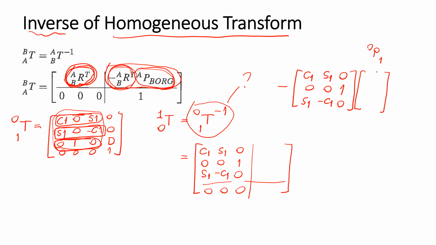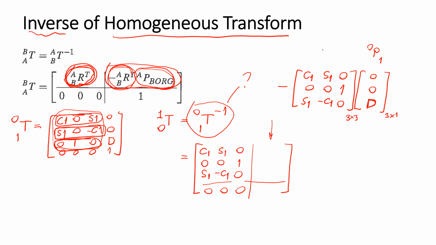The origin of the frame 1 with respect to frame 0 is 0, 0, and offset D. So can we obtain this? This is a 3 by 3 matrix, and this is a 3 by 1 matrix, and we should expect to have something here.